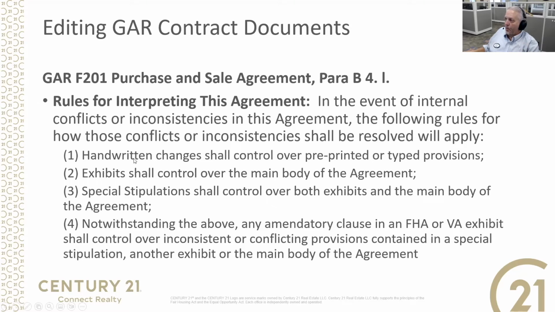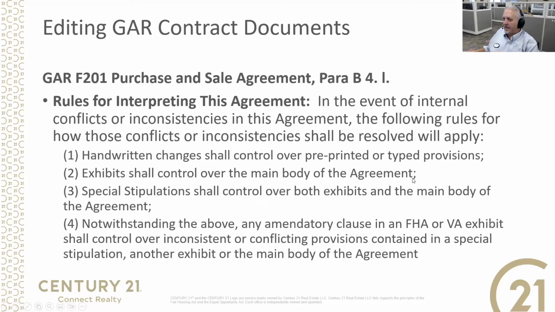These will apply. 1, handwritten changes shall control over pre-written or typed provisions. That's important. So anything handwritten in a GAR document is going to rule over anything that is pre-printed somewhere else in that document. Exhibits control over the main body of the agreement.